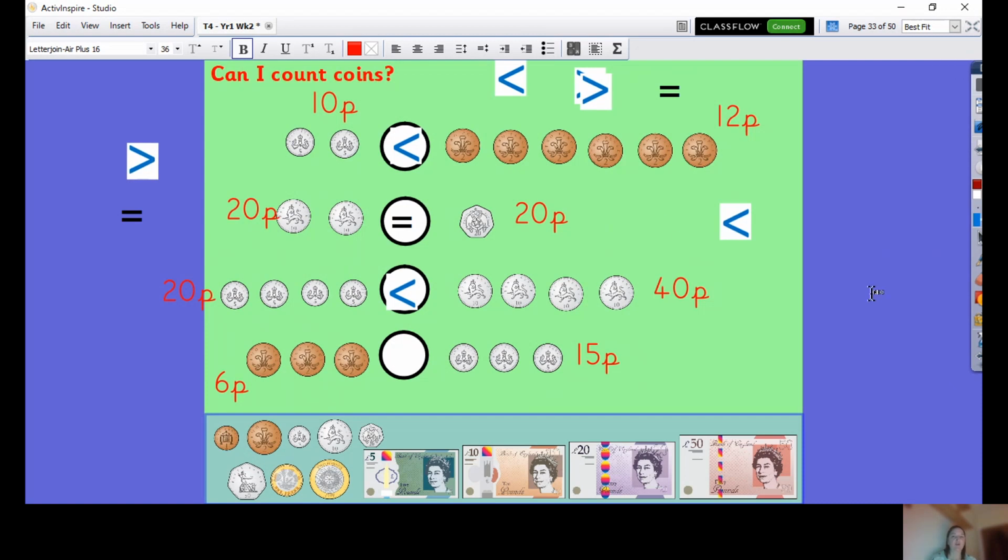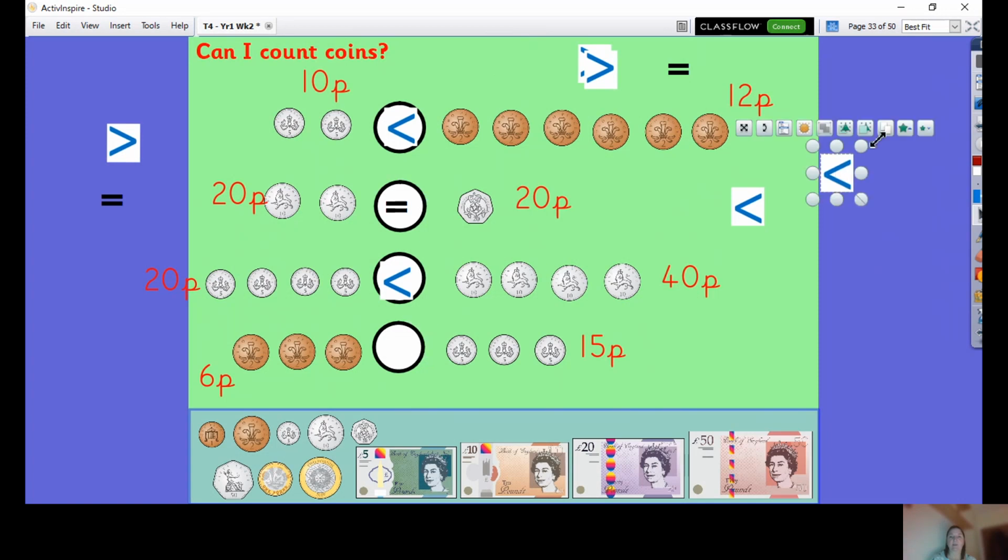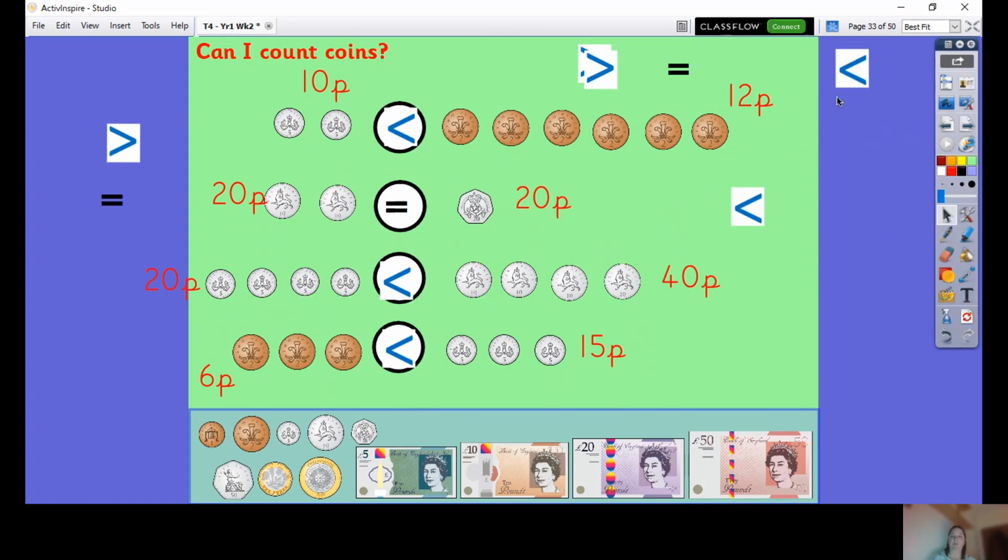So we have got 6p and we've got 15, and I know that 6 is less than 15. It's got to be anyway, isn't it? Because that's a 1-digit number and this is 2 digits. So 6 is less than 15. And I'm sure you worked those out with me as well, so well done if you did that.